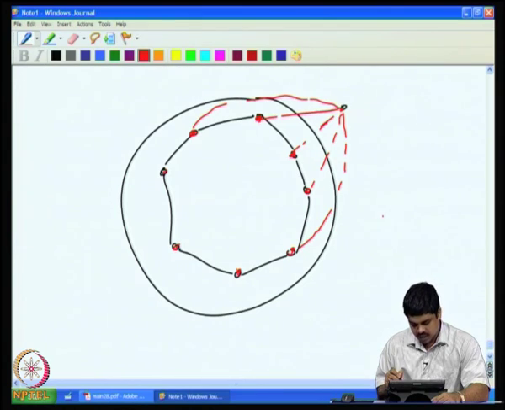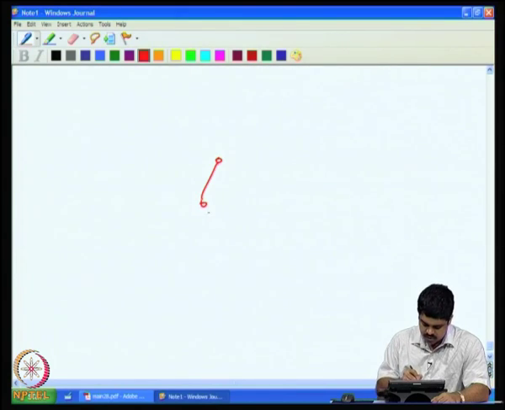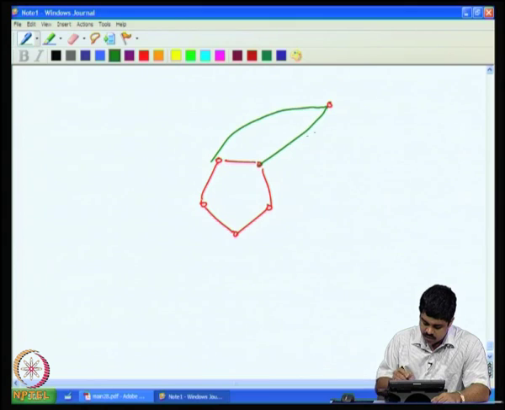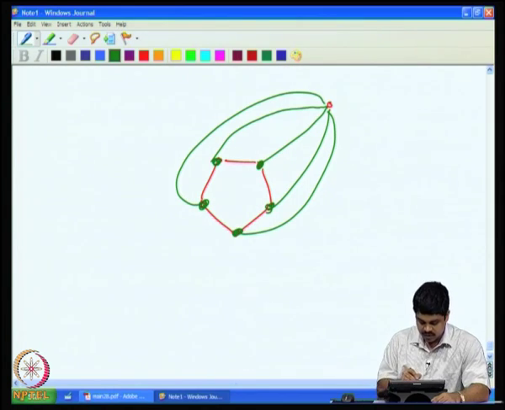On the other hand, if the cycle was smaller than k, then what will happen? Suppose it was a very small cycle compared to k, then you will be able to get fan paths starting from here to here to here, reaching all the different vertices of the cycle, right.